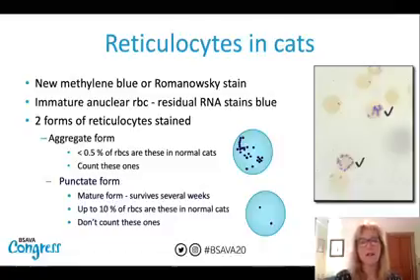And the punctate form is the mature form of the reticulocyte, which tends to persist in the circulation for quite some time. So it's not really much of an indication of what the bone marrow is up to today.